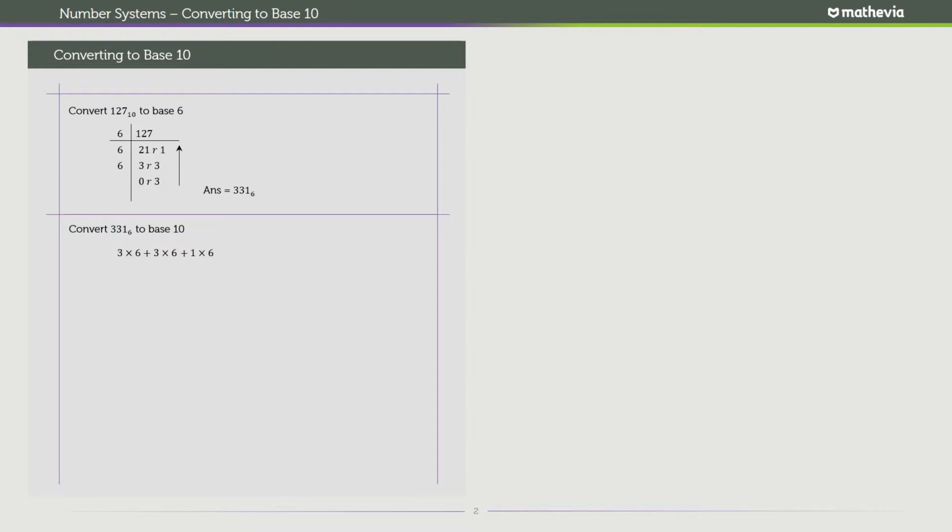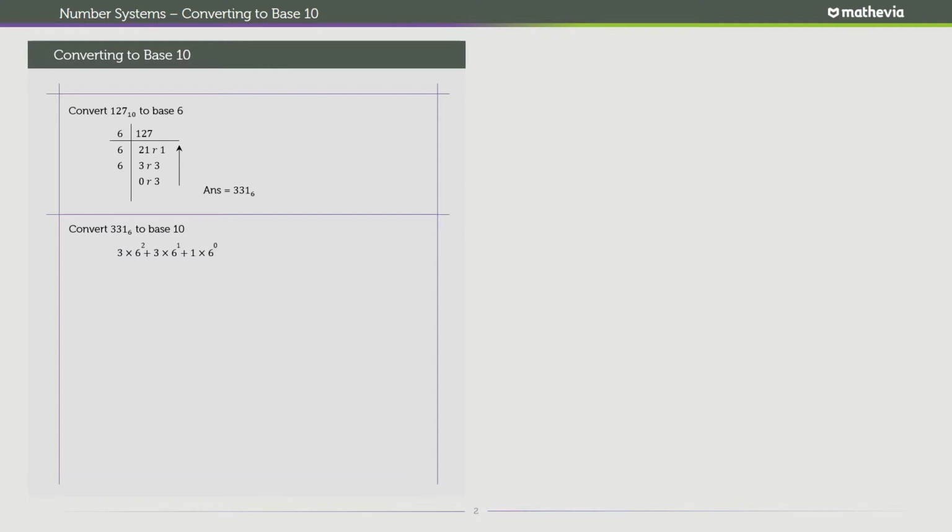Now that we've multiplied all three digits by 6, there's something very special we need to do here. We need to raise each of these sixes to a particular power, starting from the right going to the left. You start with 0. You don't start from 1.